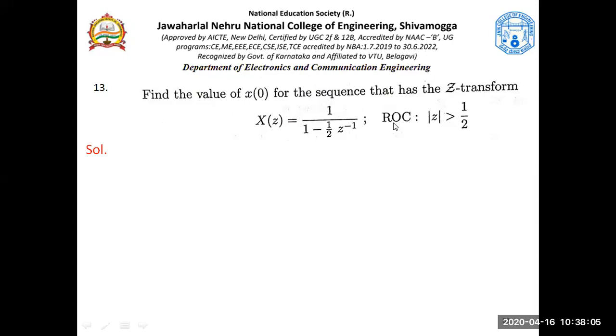Seeing x of z, is it possible to say whether it is a right-sided or left-sided sequence? No. But seeing the region of convergence, we can comment on whether the signal is positive timed or negative timed.